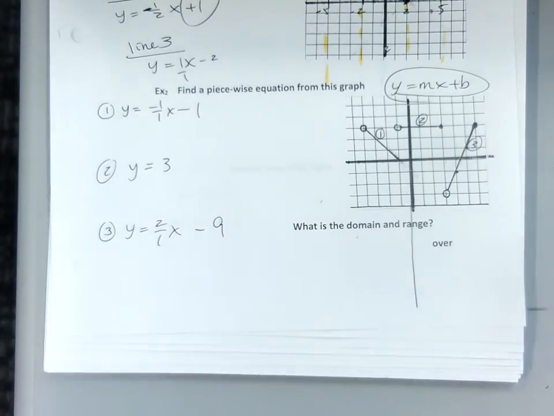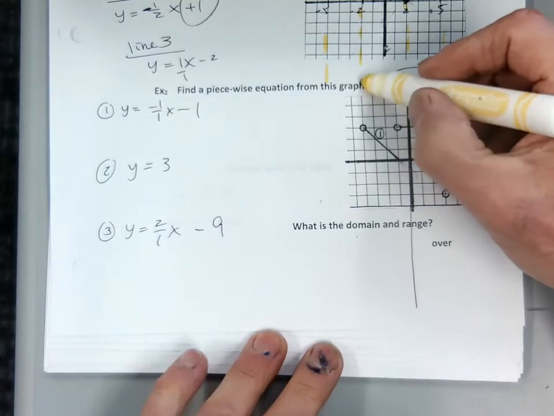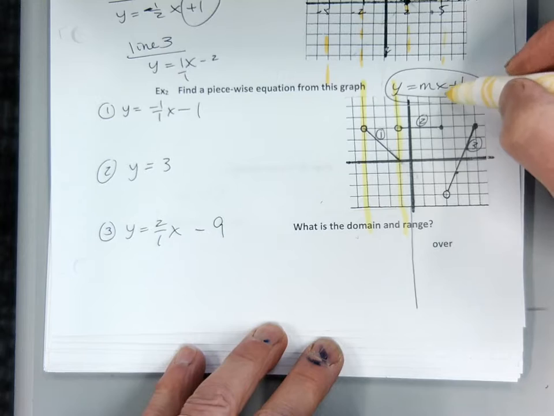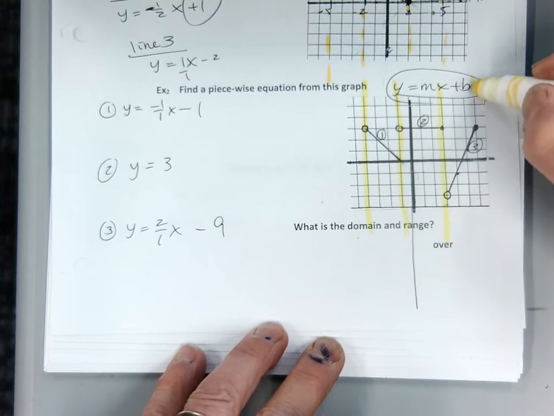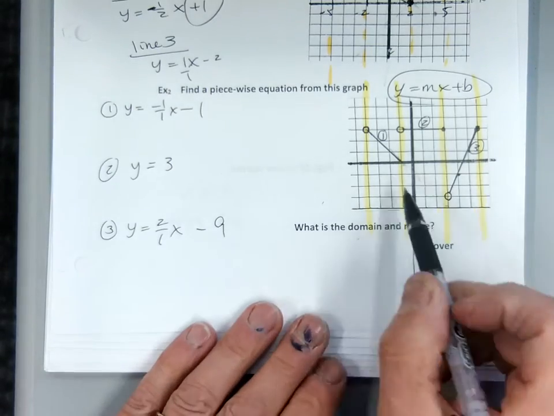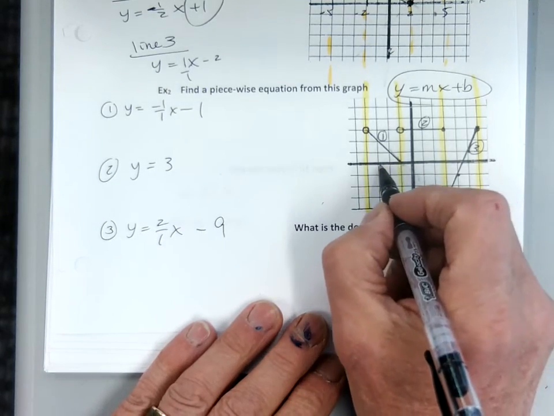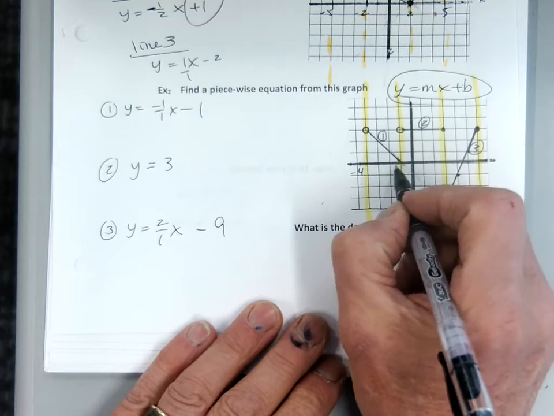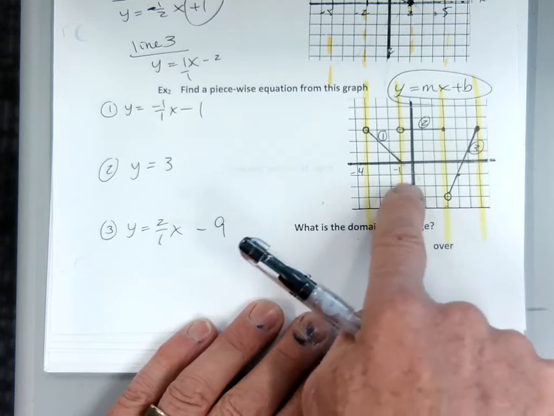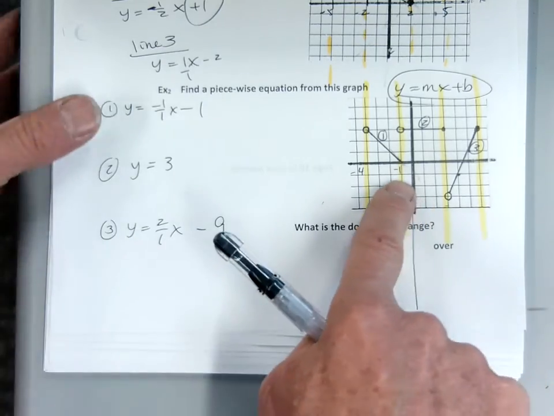Now, we have borderlines, right? Here, here, here, and here. Line 1 is in between -4 and -1, so I write this.